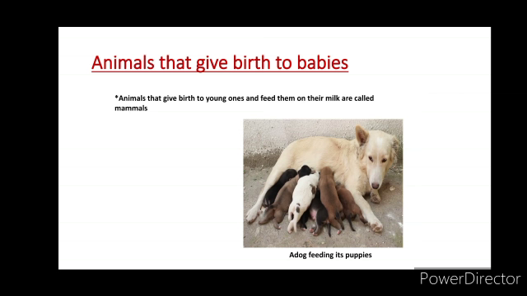And some features that differentiate mammals from other animals are most mammals give birth to fully formed young ones, they feed their young ones with their own milk, and they look after their young ones until the young ones are old enough to look after themselves.